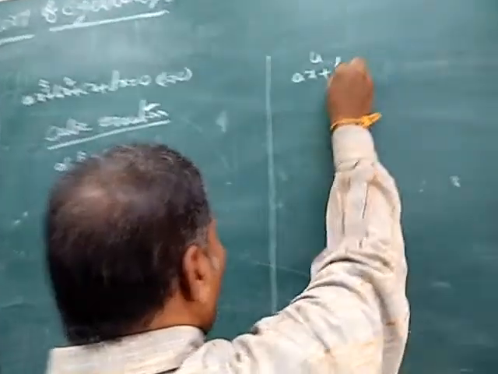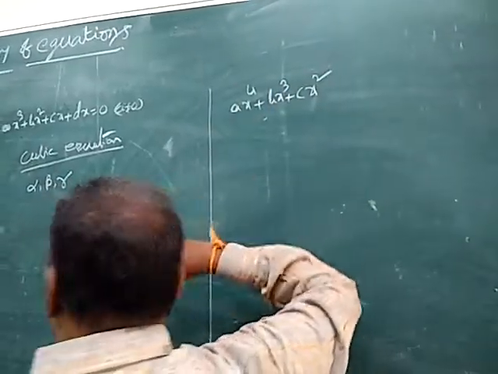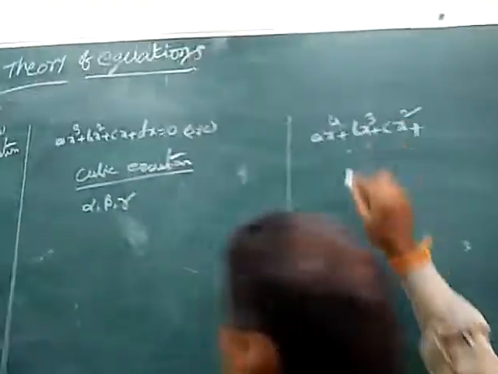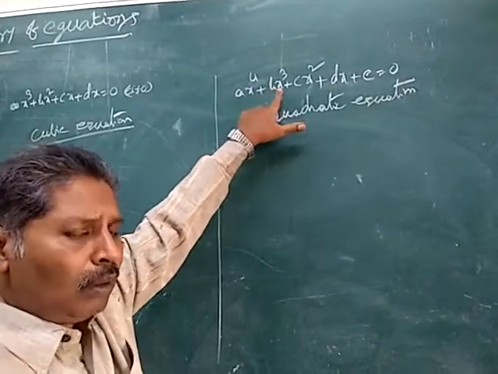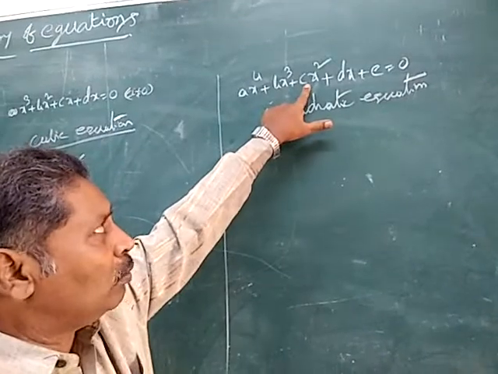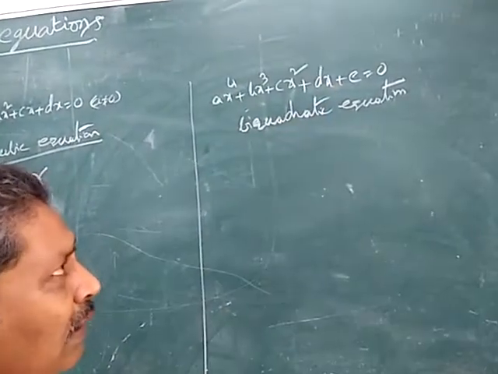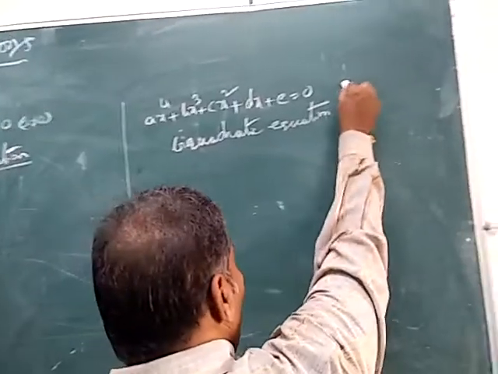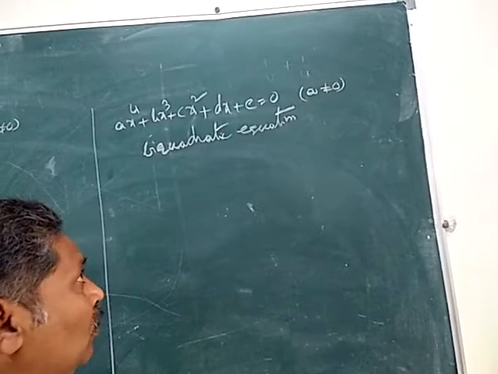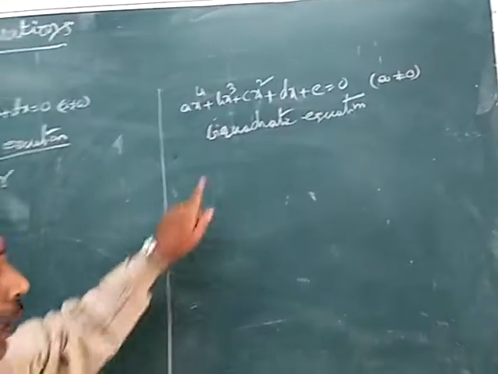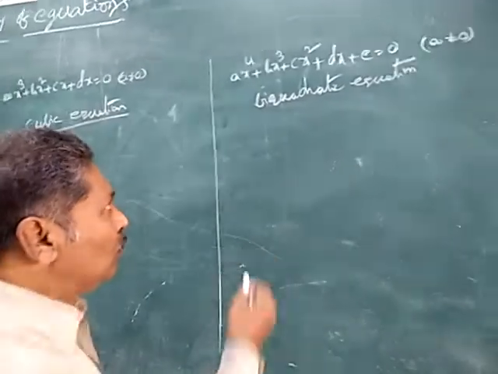Next, ax power 4 plus bx cube plus cx square plus dx plus e equal to 0, with a not equal to 0, is called a biquadratic equation.